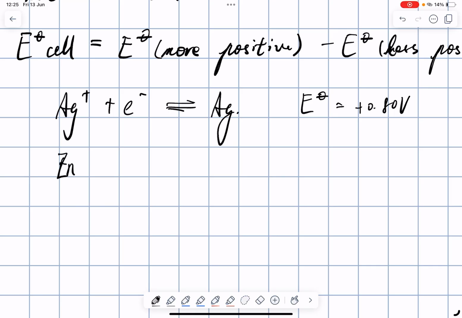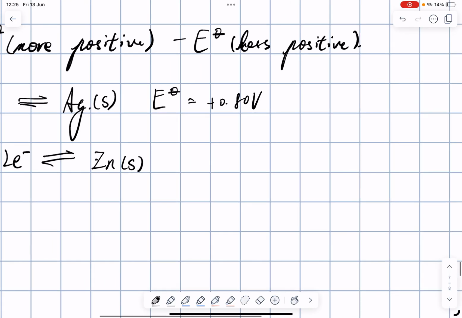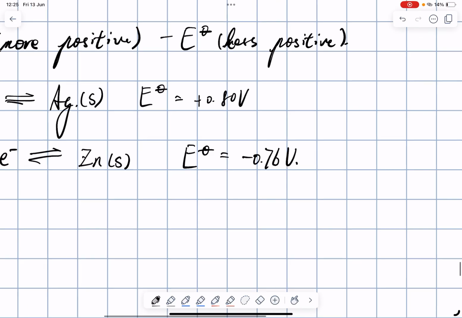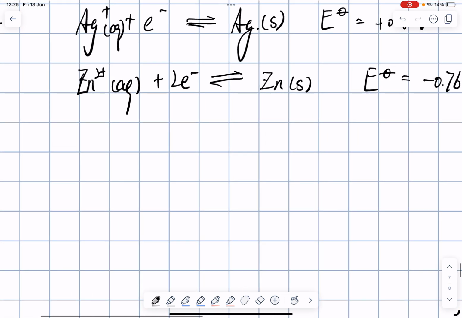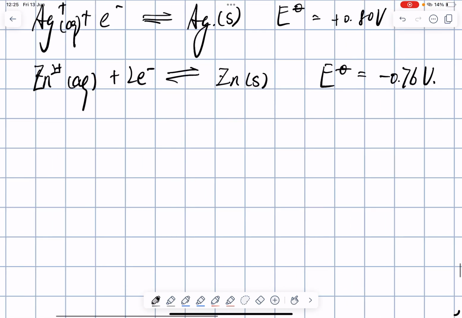I'll just skip all of those state symbols, but it's crucial to write them in real exams. Oh, no, I will not skip it. I won't. If you skip this in real exams, you are losing a significant amount of marks.